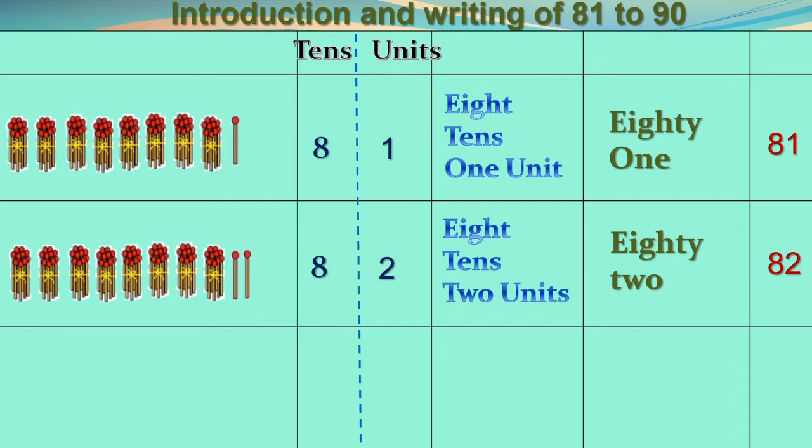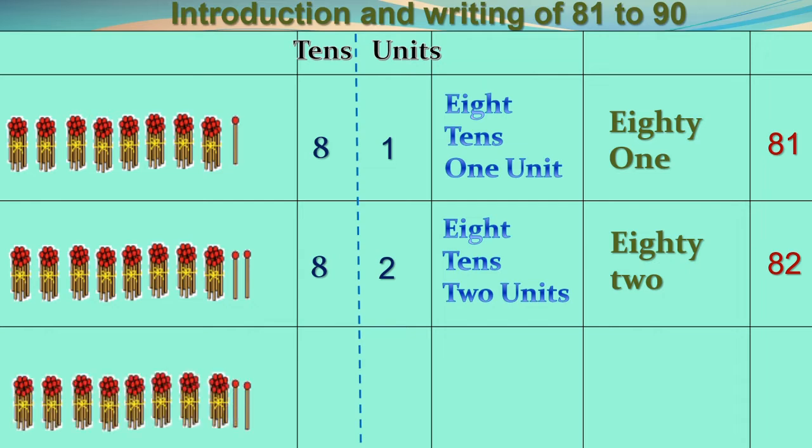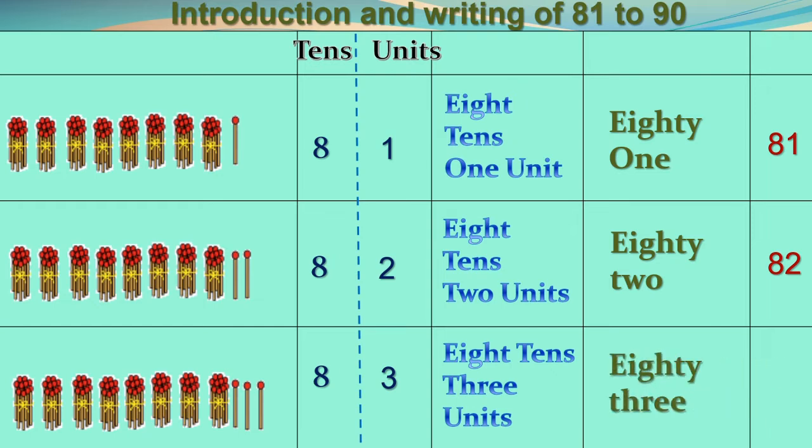Now we will take 82 matchsticks. We are going to add one more. So we got 8 tens and 3 units, right? Here it is. And the number formed is 83, right? And in numerals, 80 and 3 makes 83.